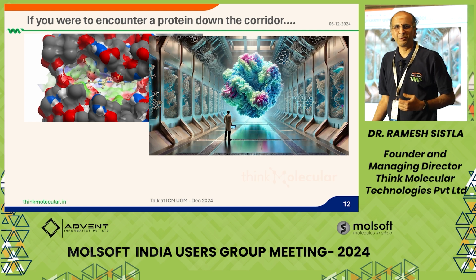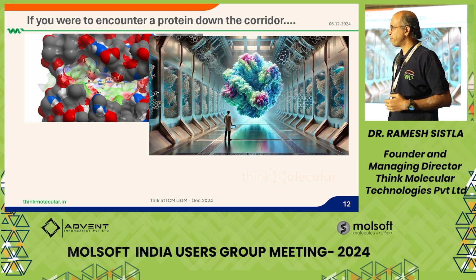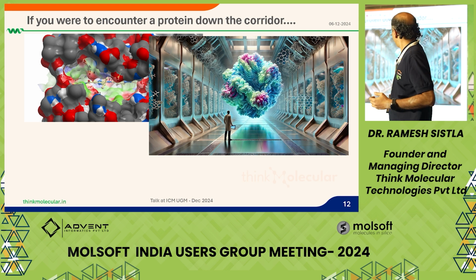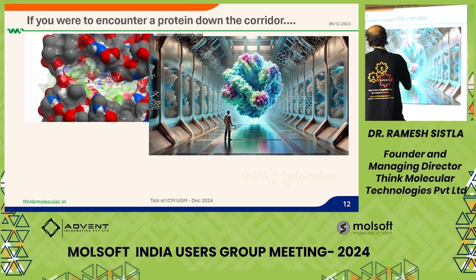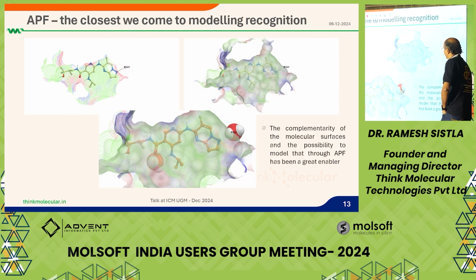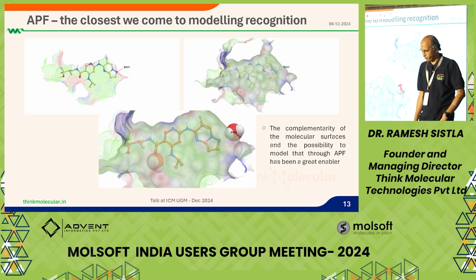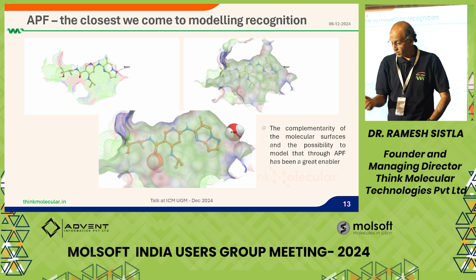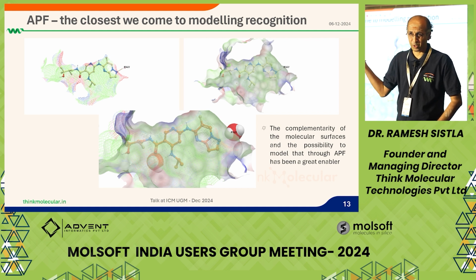If you were to meet a protein in a corridor, that's what it would look like. Obviously it has been blown up billions of times, but that is where I feel APF is the closest we get to molecular recognition.